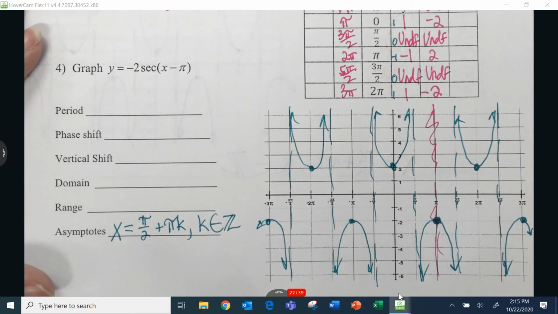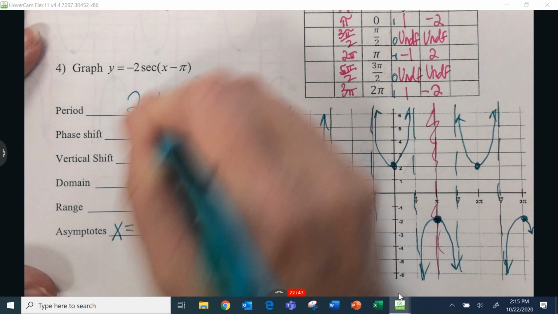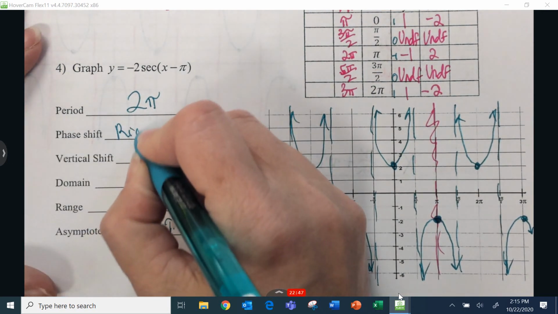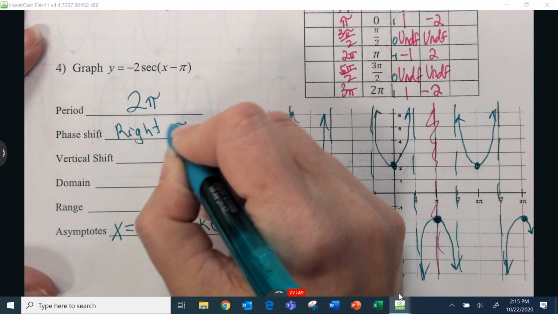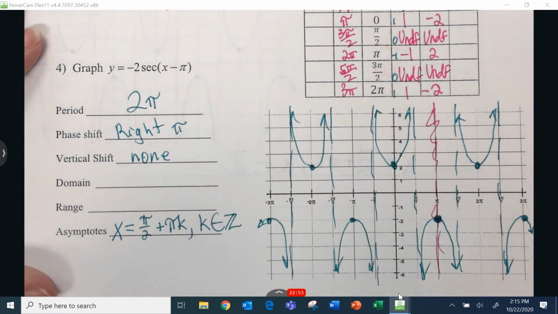So we didn't have a horizontal stretch or shrink, so the period is still 2 pi. Phase shift, we had a right pi. Vertical shift, we did not have one, so I will write none.